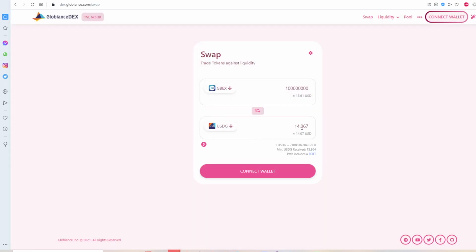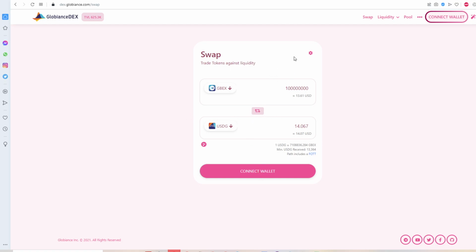And then it gives you that amount, $14 for example, currently. So 1 USDG is currently around 7 million GBEX. The minimum I will receive is 13.3. But the thing is, I need to be logged in.